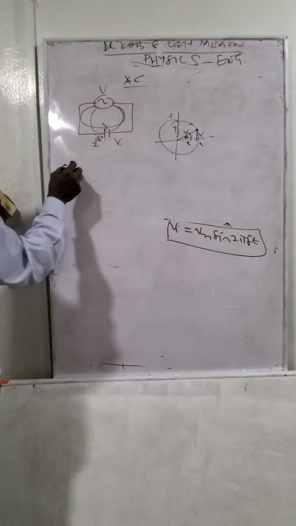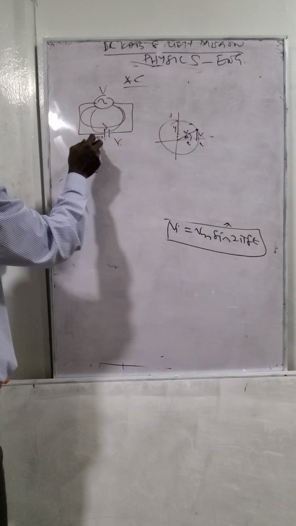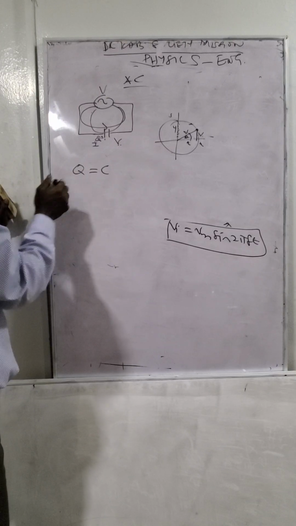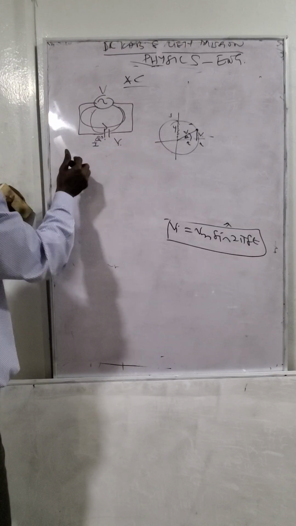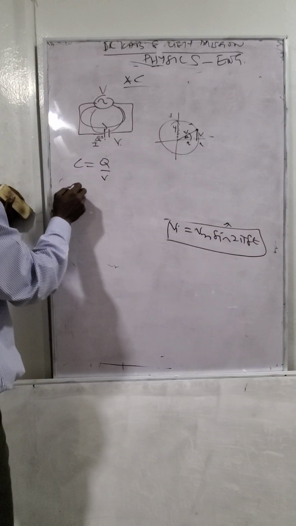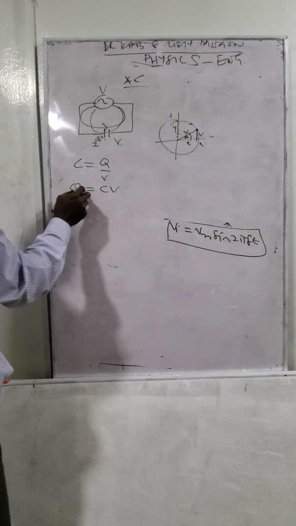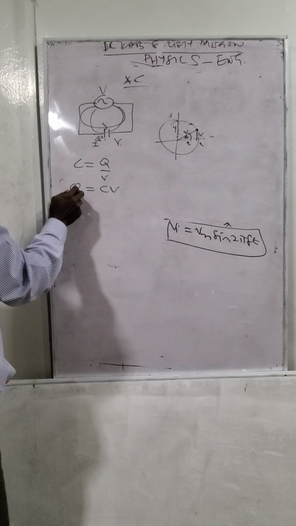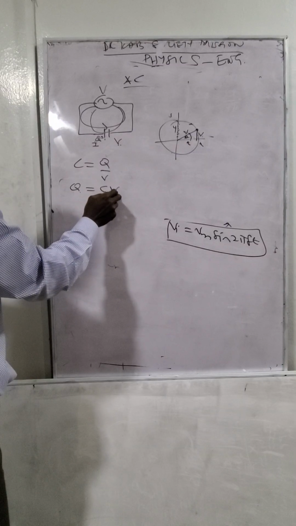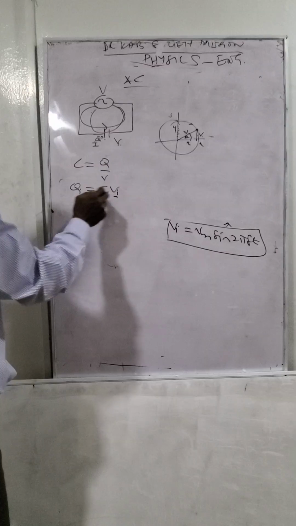If we have this, we also know that Q, that's the charge that is going to be built up on this, is related to capacitance. Okay, Q, we know from the definition, capacitance is equal to what? Your Q over V, which is the same as Q is equal to CV. Right, now this is what we have, our instantaneous charge, the capacitance is constant, and then instantaneous voltage.